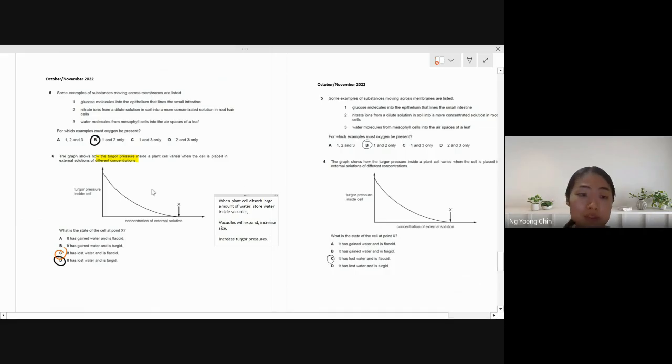So you look at this question, you can see that the turgor pressure inside the cell is slowly decreasing until it reaches zero. Okay, so what happened to the plant cell at point X? You see the turgor pressure becomes zero already. That means there's no pressure inside the plant cell.